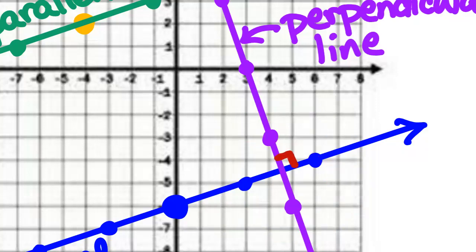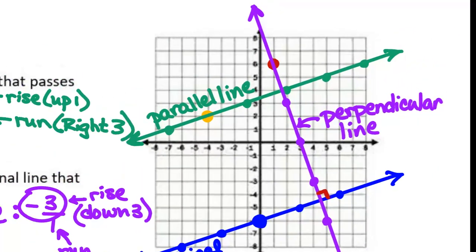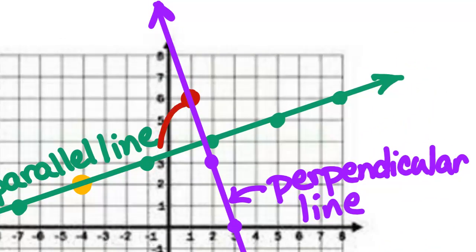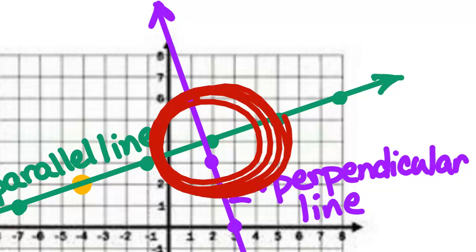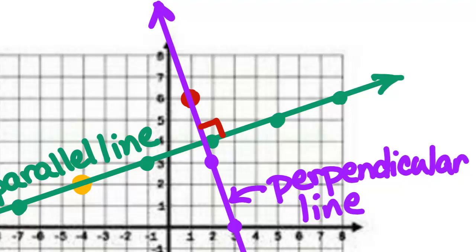Sometimes it's helpful if you turn your page a little bit, because it's slanted and it can be misleading. If you turn the page so that your parallel lines are lying flat, just going left and right, that perpendicular line should be going straight up and down. Up here, between the parallel and the perpendicular line, you should see the same kind of thing. That should be a right angle there as well.